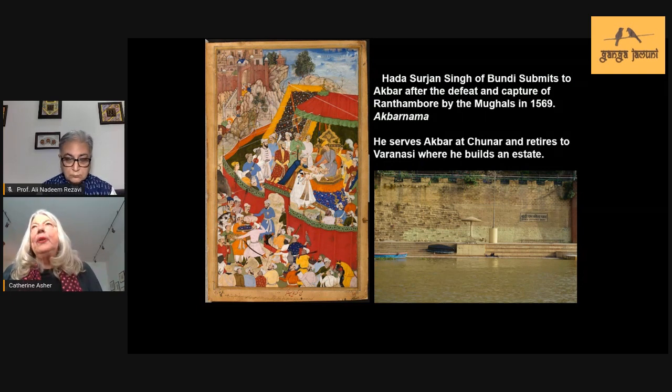And what I'm showing you here on the right, and you're wondering what this is, I'm sure, is the only part that survives of his estate in Banaras, in Varanasi. That is the wall of his estate that sat on the Ganges River. We know that he gave a great deal of money to temples.